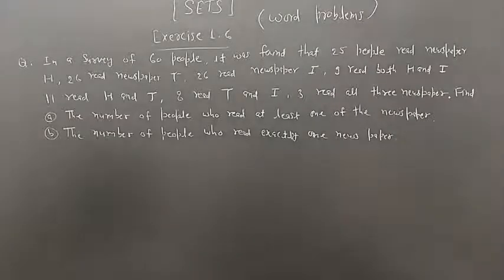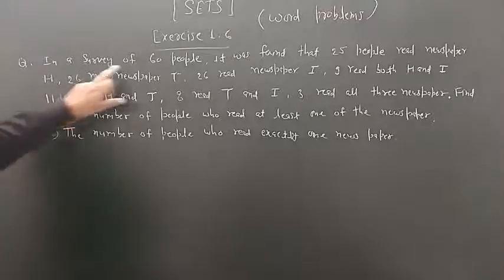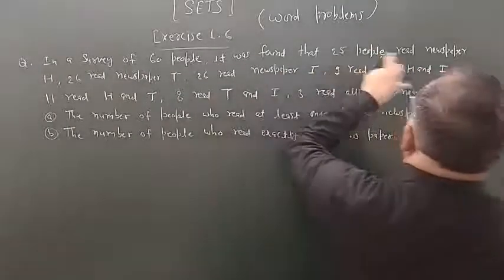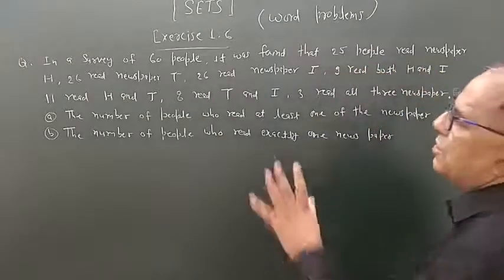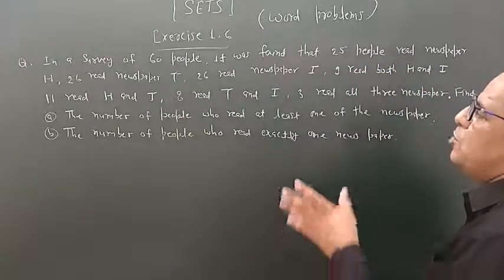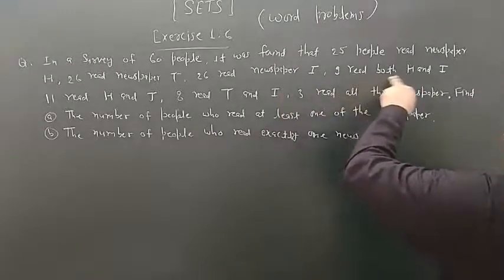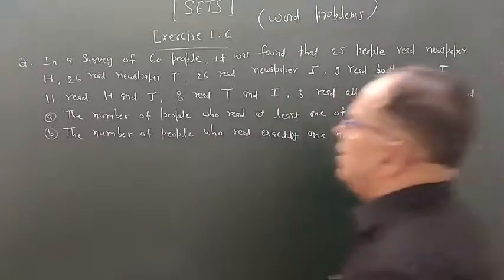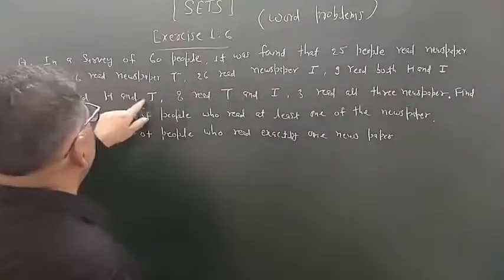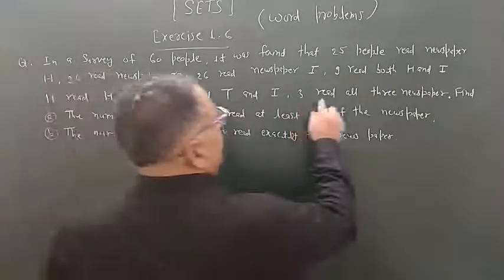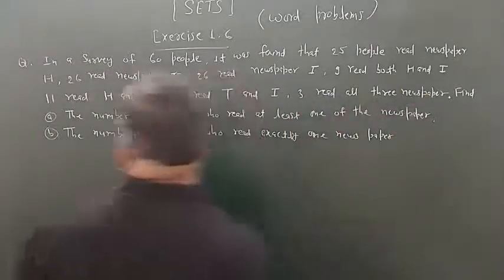Now one more question. In a survey of 60 people, it was found that 25 people read newspaper H, 26 read newspaper T, 26 read newspaper I, 9 read both H and I, 11 read H and T, 8 read T and I, 3 read all 3 newspapers.